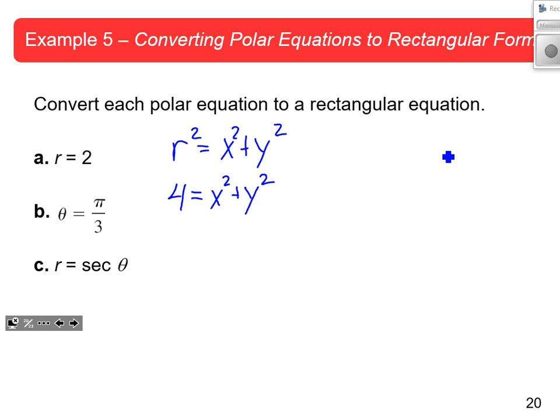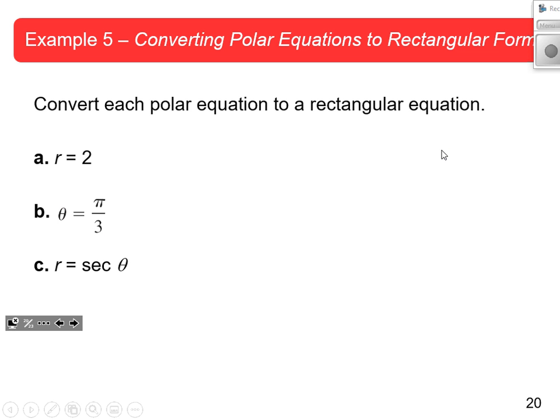Because we have it in x and y, we don't actually have an angle that's changing anything. So this is actually our equation. Since we have r squared, we plug it in, we get 4. If we have cosine and sine, then we're going to have to plug those in accordingly.